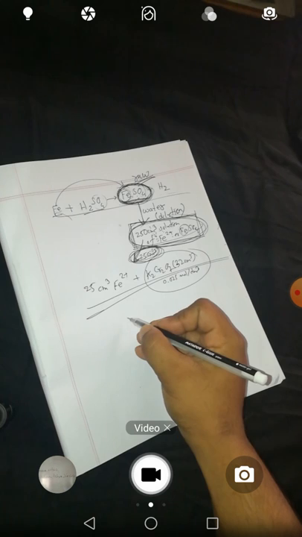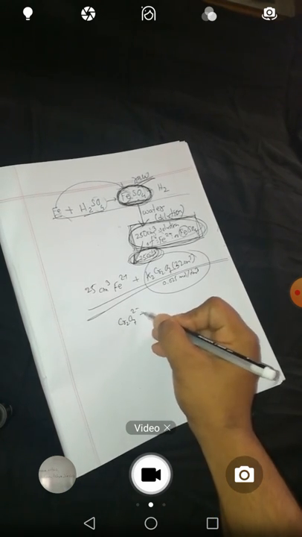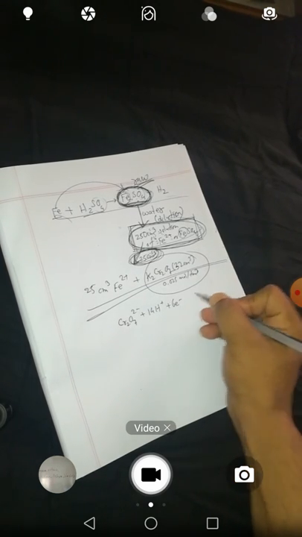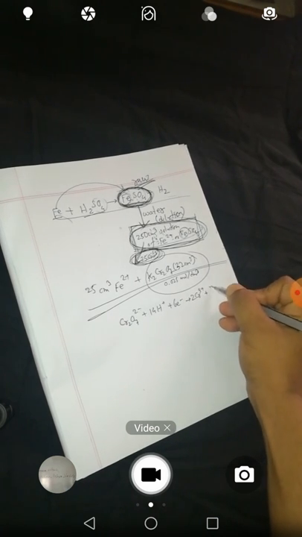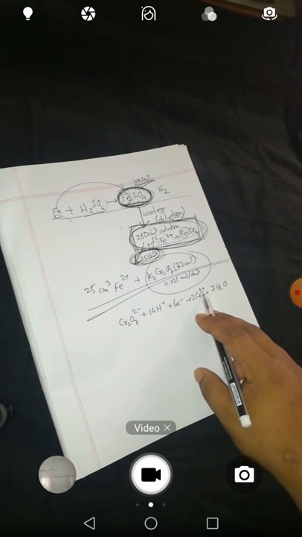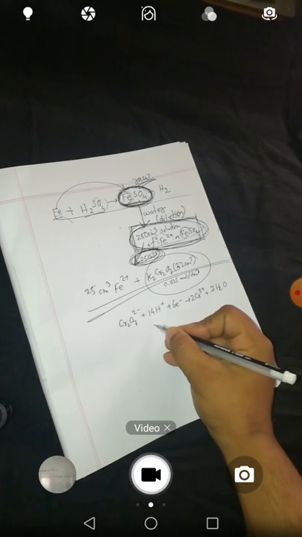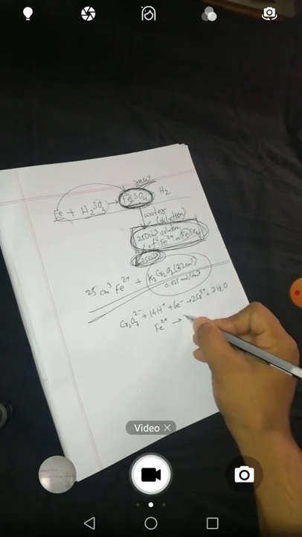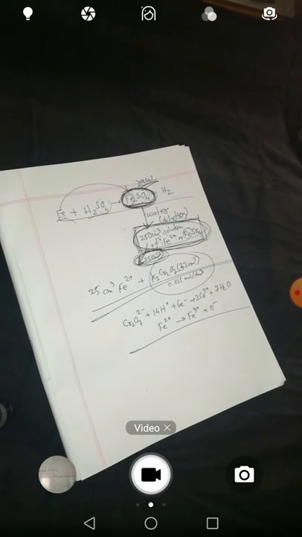So the two reactions are Cr2O7 2 minus plus 14H plus plus 6e minus. This gives 2Cr3 plus and 7H2O. 6, isn't it? So 6. Okay, all right. And another equation is Fe2 plus, this will give Fe3 plus plus electron minus.